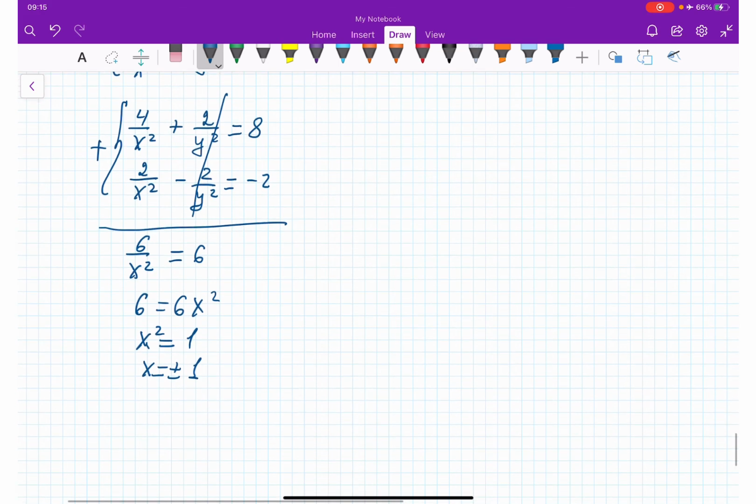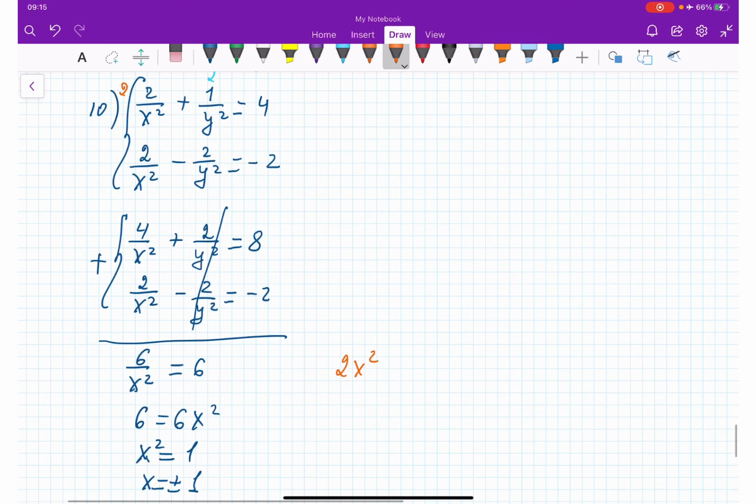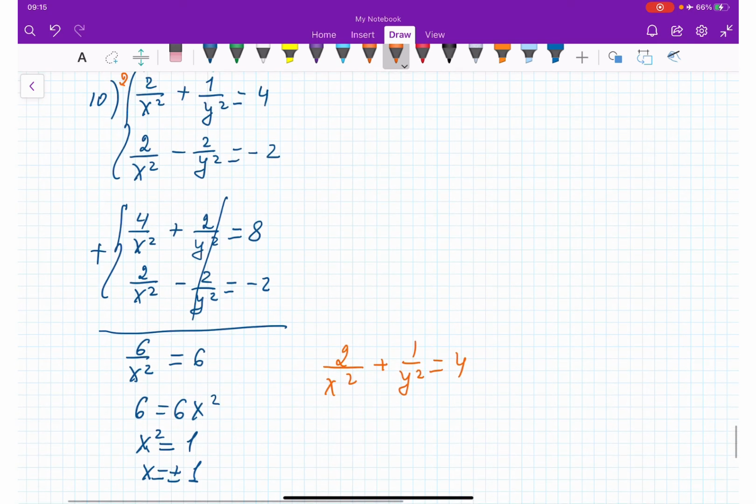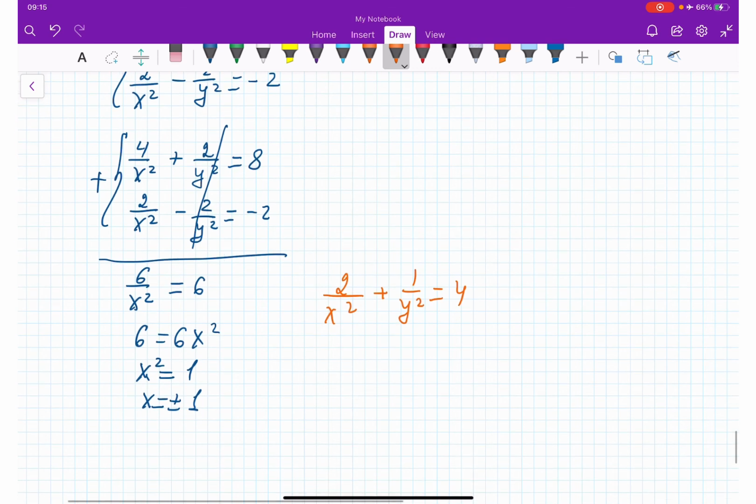2 over x squared plus 1 over y squared is equal 4. So, x is equal positive 1.